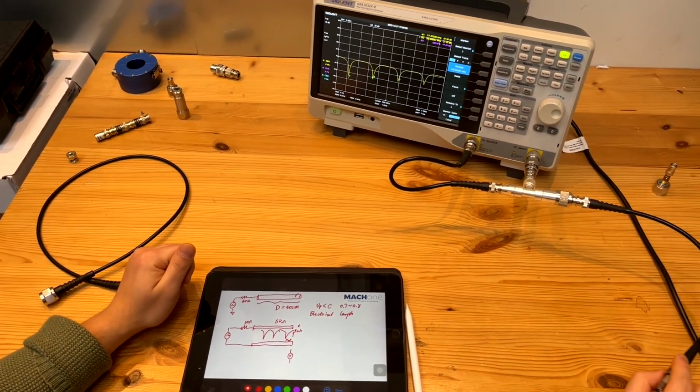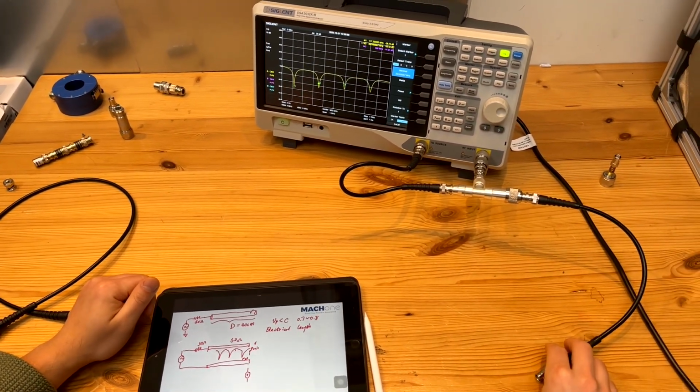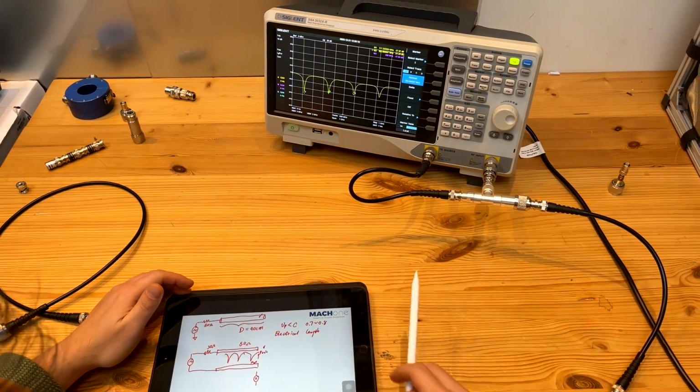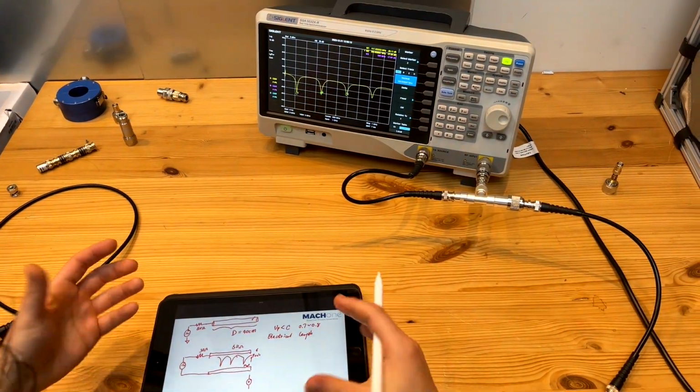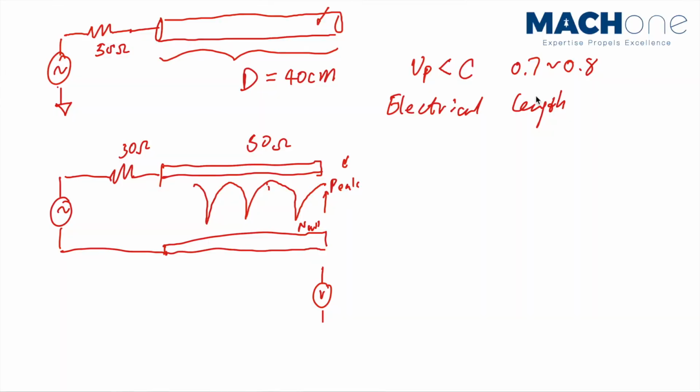But we know that this is an open circuit coaxial cable. If you have a short circuit, you just have a shifted voltage standing waveform like this. What was a peak now becomes a null, and what was a null becomes a peak. That's it.